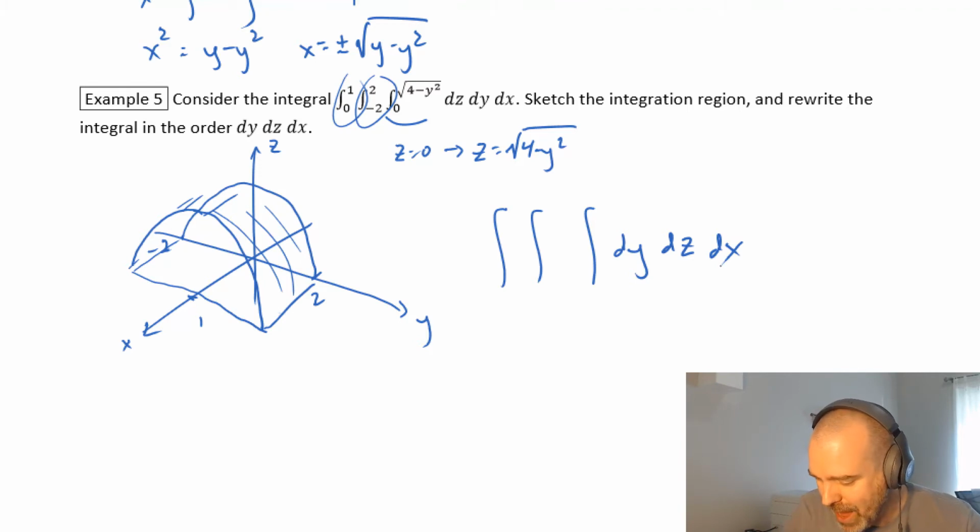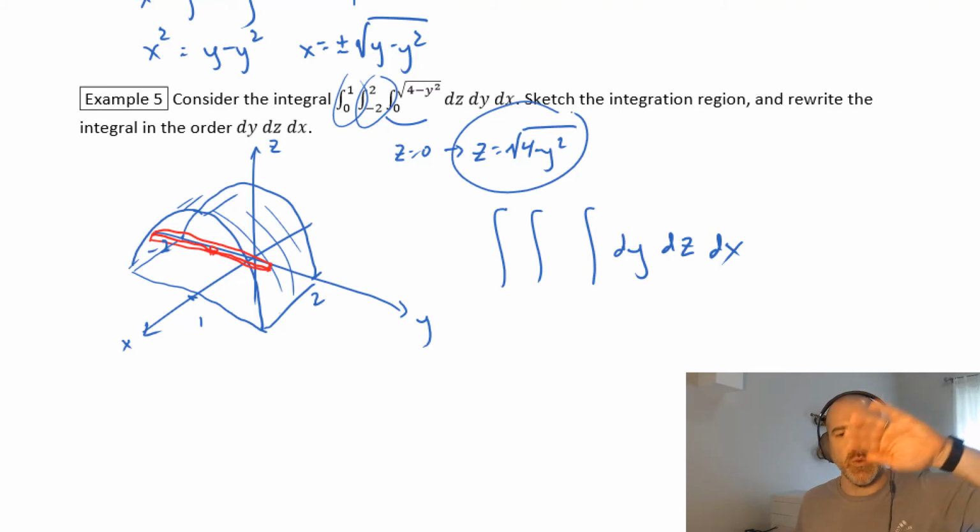Okay, if we're going to go y first, then our representative piece has to go from the left to the right. We're going to get a little piece like this moving left to right. So let's look at that here. We have z equals square root of 4 minus y squared. That's the curve.